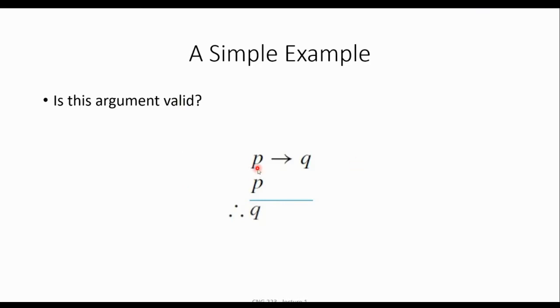For this one, we know that if P implies Q and P is true, when I just say P, it means it can be either true or false, and you can show it in the truth table. We are just tackling it component-wise. What does this notation mean? It means therefore.